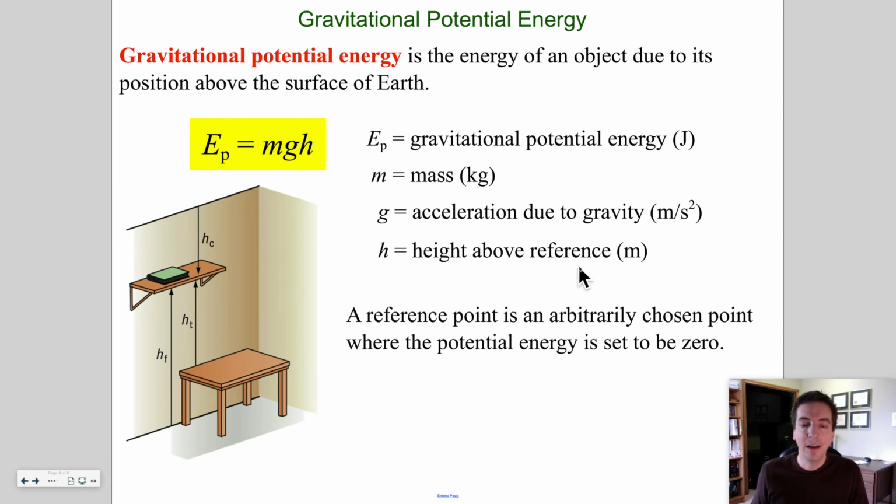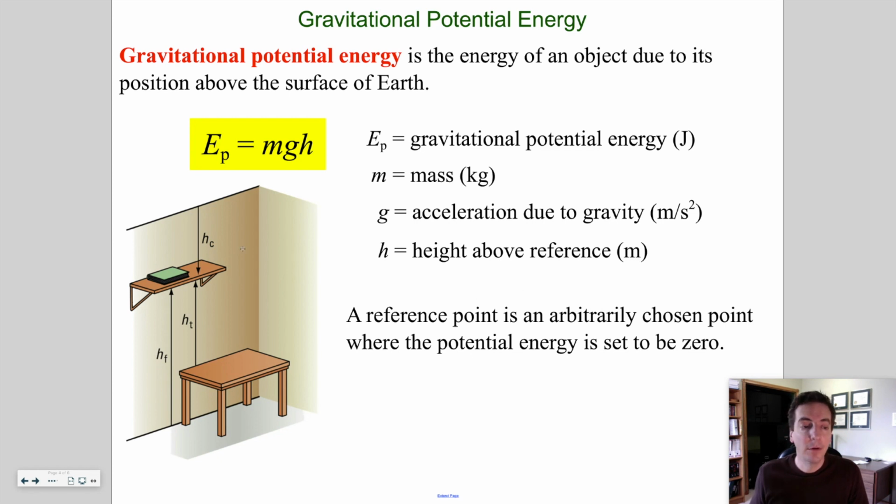Notice where it says h, height above reference. Now in Science 10, we just chose the reference to be the ground, where you choose the gravitational potential energy to be set to 0. But we're going to get a little bit more sophisticated in Physics 20, where the 0 level that you choose is completely arbitrary. It doesn't matter.